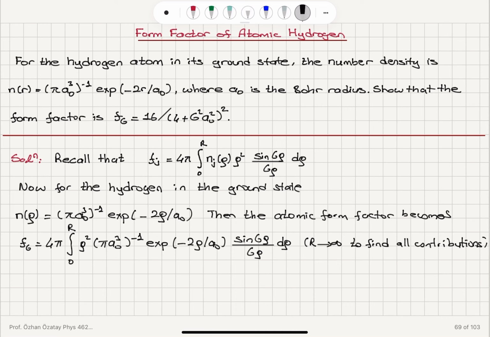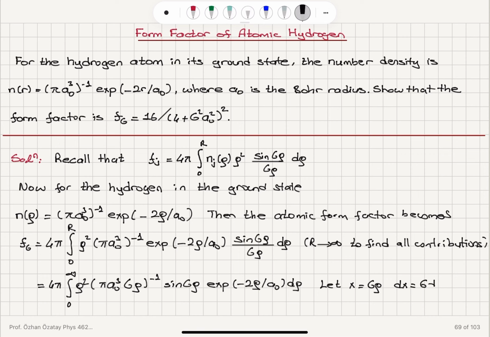This gives us 4π times the integral from 0 to infinity of ρ² (πa0³)⁻¹ (gρ)⁻¹ sin(gρ) exp(−2ρ/a0) dρ. To perform this integral, we let x = gρ so that dx = g dρ.